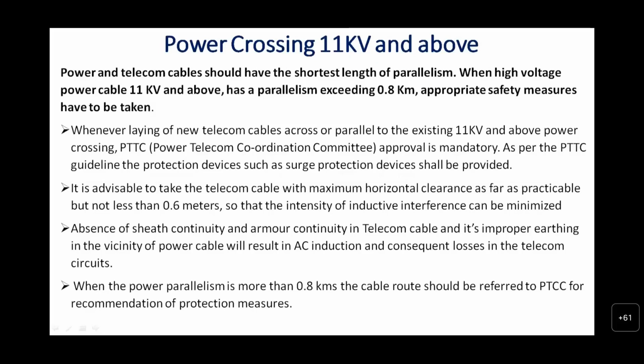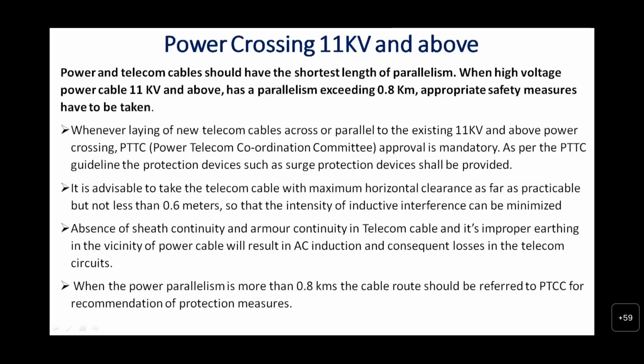As per the PTCC guidelines, a protection device shall be provided. It is advisable to lay a telecom cable with the maximum horizontal clearance as far as practicable, but not less than 0.6 meters, so that the intensity of the induced interference can be minimized.